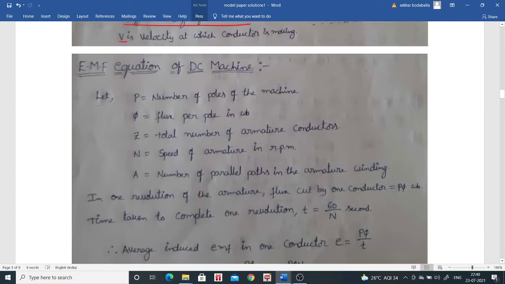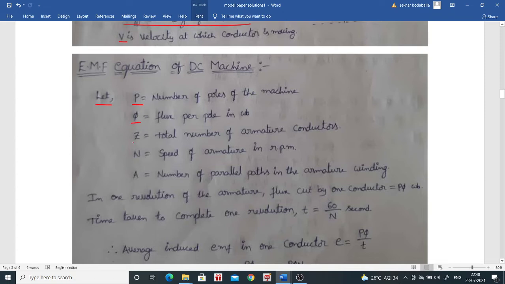Let us assume there are P poles in a machine. P is the number of poles of the machine, and under each pole there is a flux, which is named phi. So I am assuming flux per pole as phi Webers.